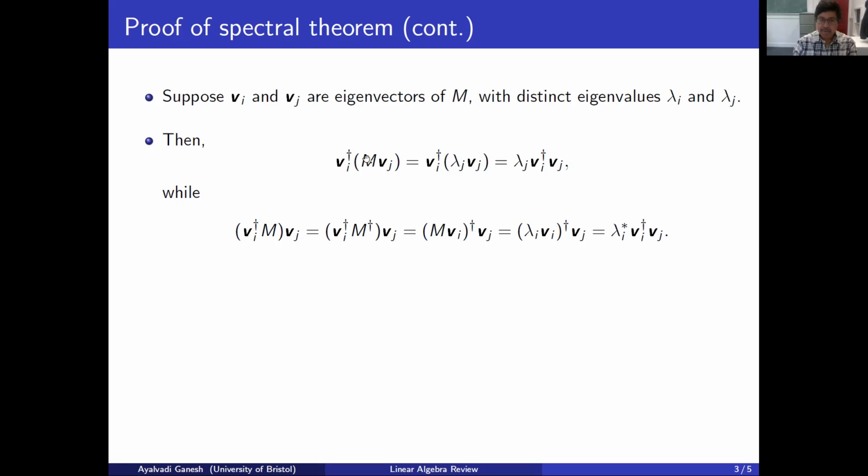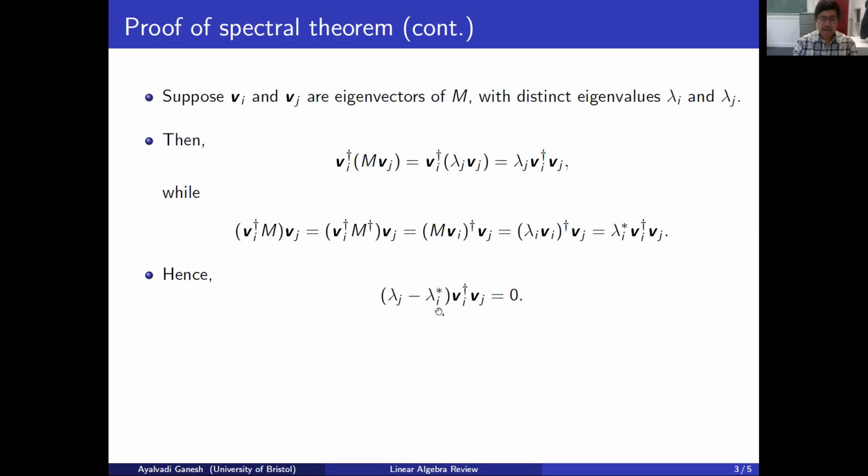Since we've evaluated the same thing in two different ways, these two things should be the same. So lambda j Vi dagger Vj should be the same as lambda i star Vi dagger Vj. If we subtract that, (lambda j minus lambda i star) times Vi dagger Vj should be 0.